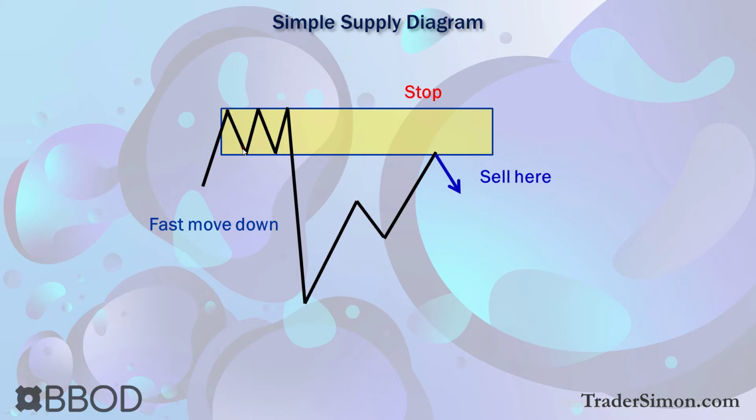The market will consolidate for a short amount of time, and then you'll get a very fast move down, and then we look for a retrace and we sell at the point that the market initially shot down. The theory behind it is that the imbalance happens so quickly that not all the orders got filled, and when we get back up to here again, it comes back for more orders. So that's the basic theory.